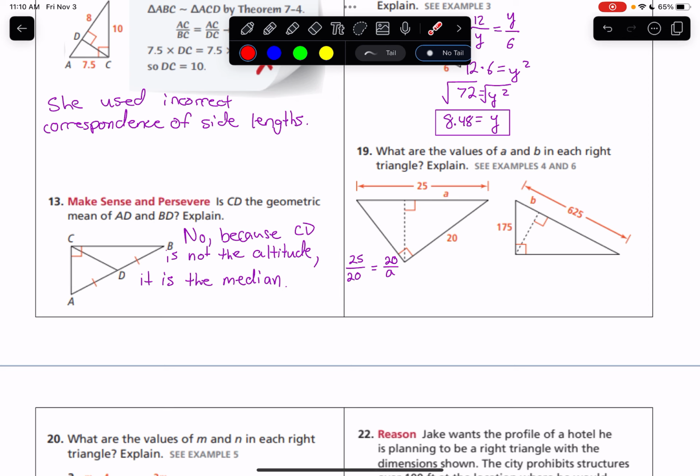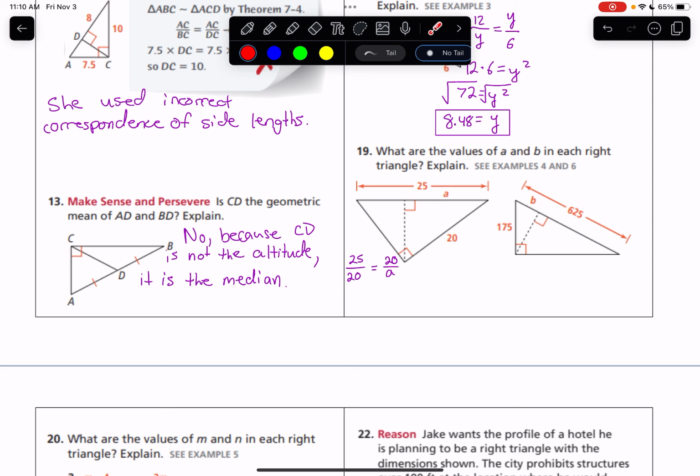And then I can cross multiply those. So that's going to give me 2m times m minus 4, just like that, equals 64. 8 times 8 is 64. So then I'm going to distribute 2m times m minus 4. I get 2m squared minus 8m equals 64.